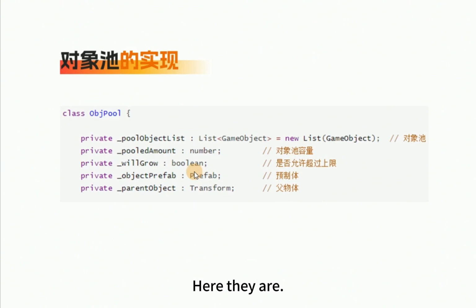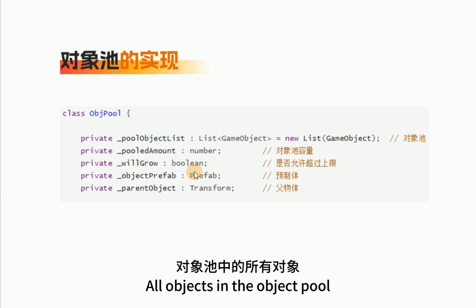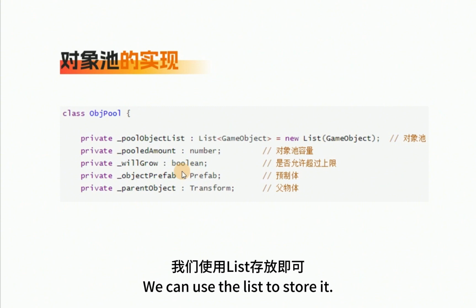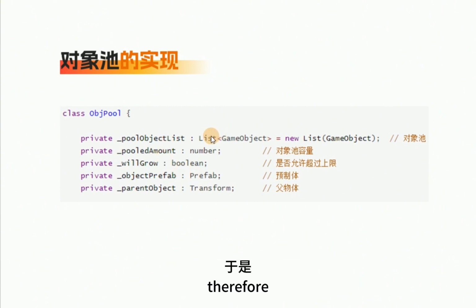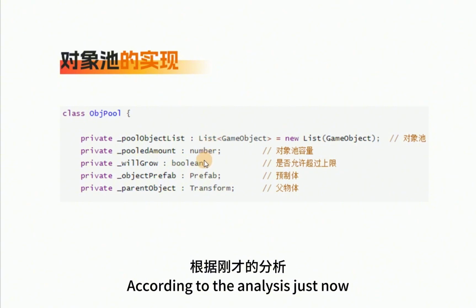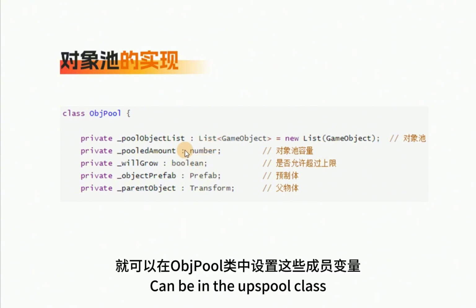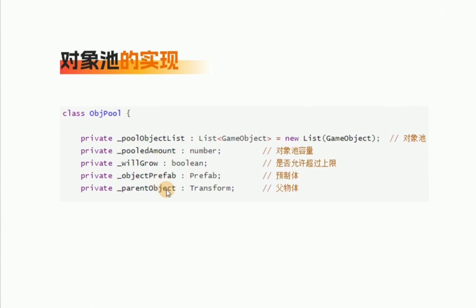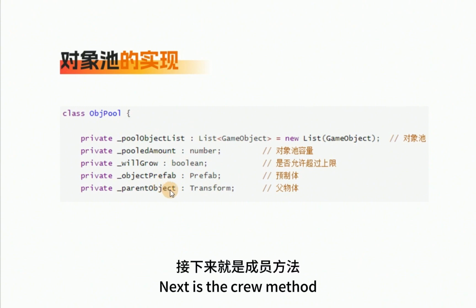All objects in the object pool we can store using a list. Therefore, according to the analysis just now, we can set these member variables in the ObjectPool class. Next is the member methods.